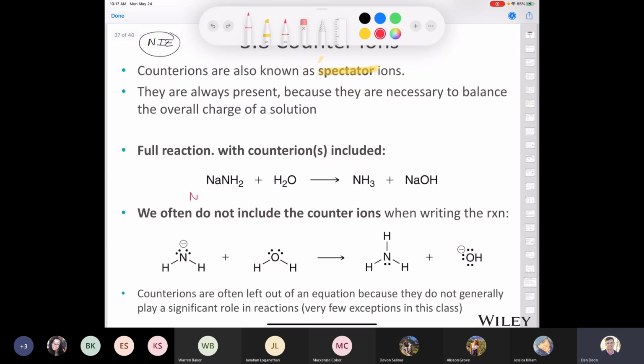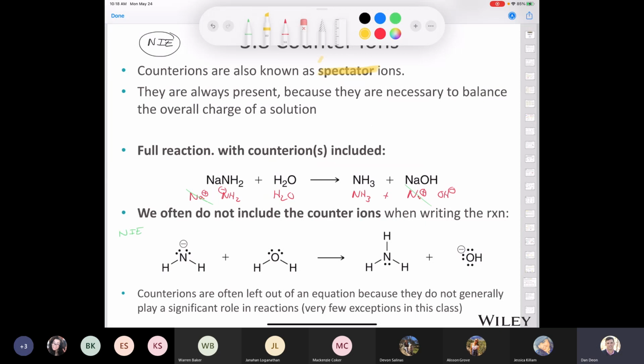If you wrote this out into its ions, this is ionic. You've got sodium amide plus water gives you ammonia plus sodium plus and hydroxide minus. Since the sodium is the same on both sides, we leave it out. And all you're left with is the net ionic equation, so everything that ends up being changed.